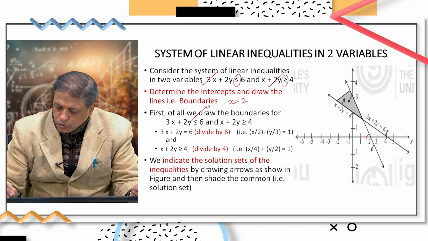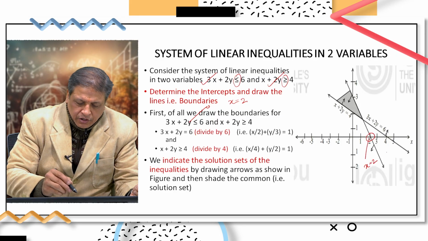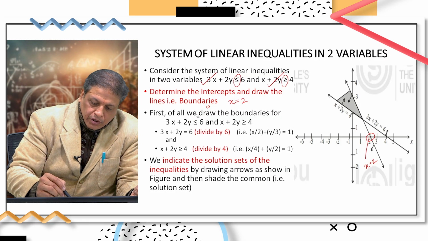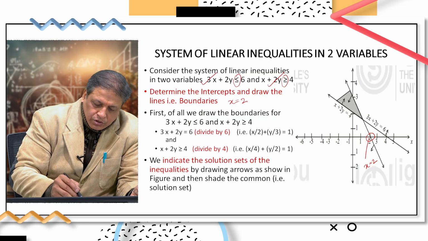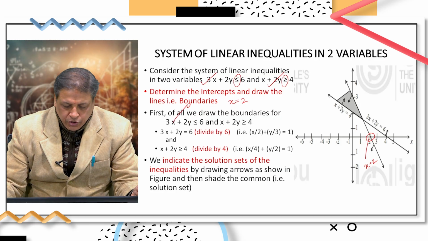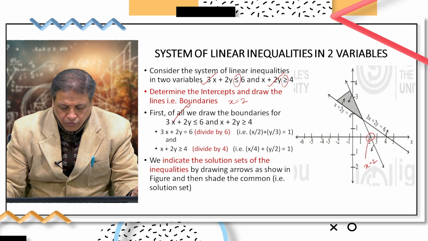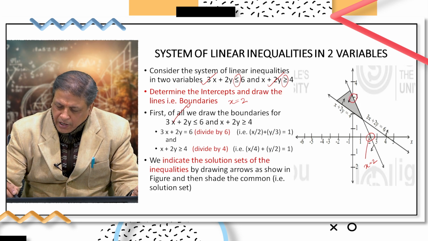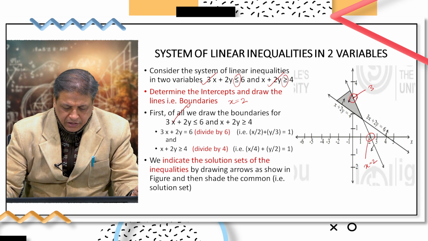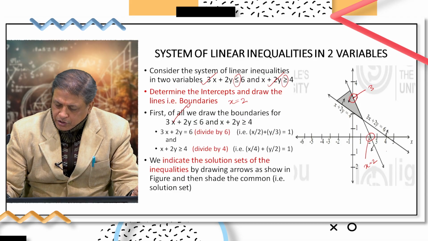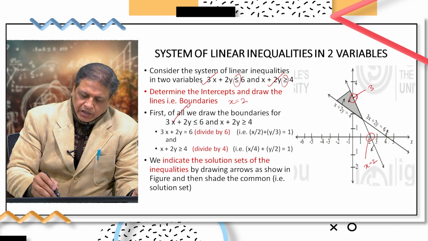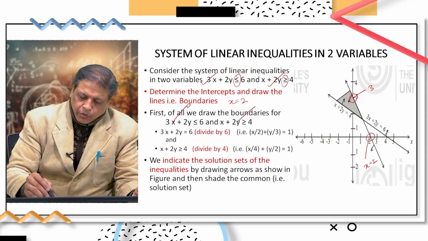So x is equal to 2 is the x-intercept, and thereafter substituting x is equal to 0, you will get y is equal to 3. So y is equal to 3 is the y-intercept for the equation 3x plus 2y equal to 6. Similarly, you can find the x-intercept and y-intercept for the other equation.